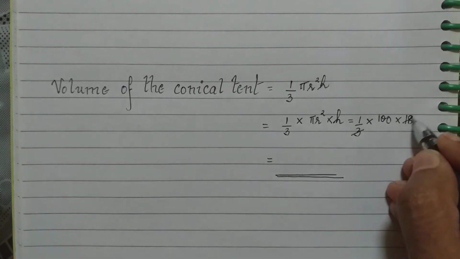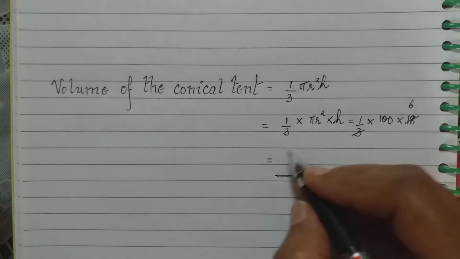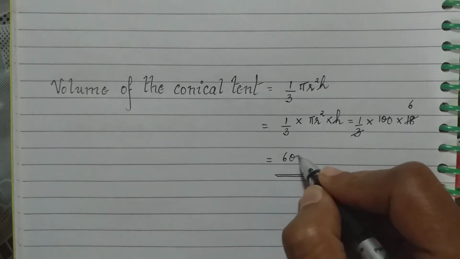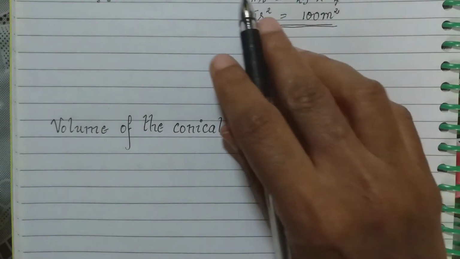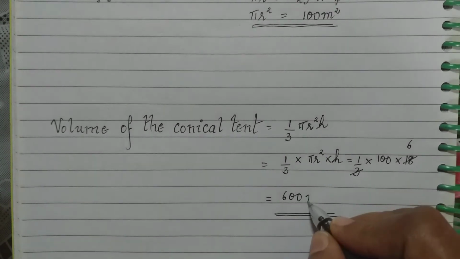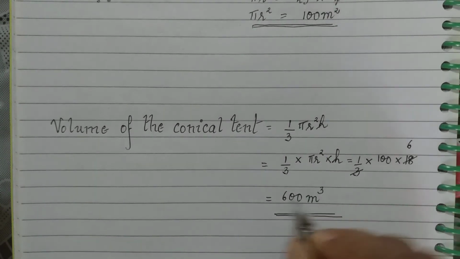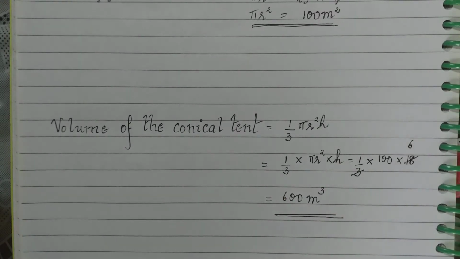Simplifying, 3 goes in 18 6 times. 6 into 100 is 600. Therefore the answer will be 600, and the unit here is meter square for area. So for volume it will be meter cube or cubic meter. So the volume of the conical tent will be 600 meter cube.